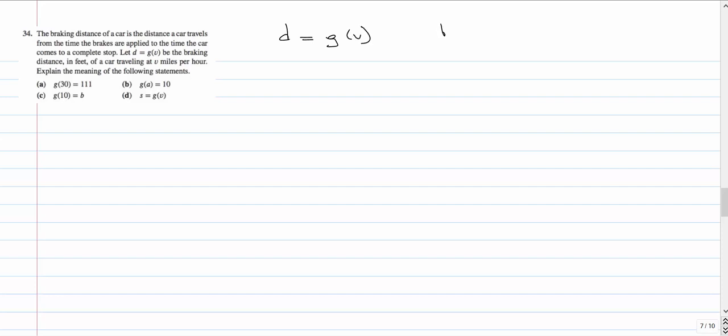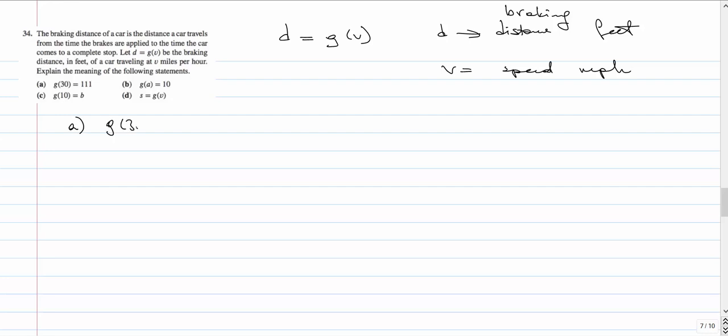Here d is your braking distance, in feet, and v is the speed in miles per hour. So if I look at A, what does g of 30 mean?